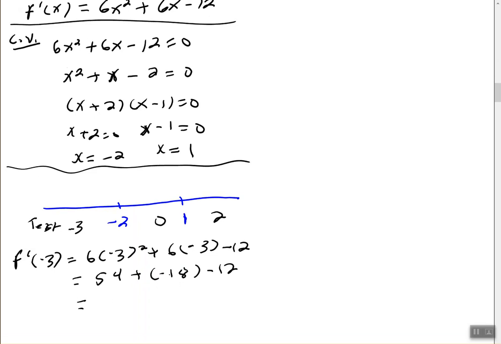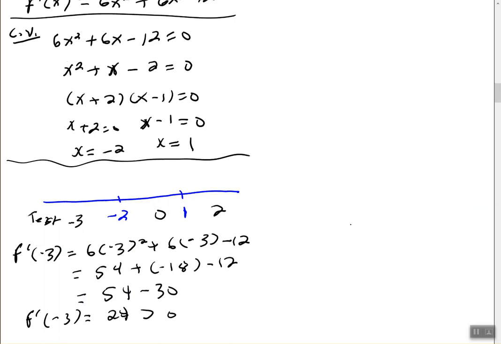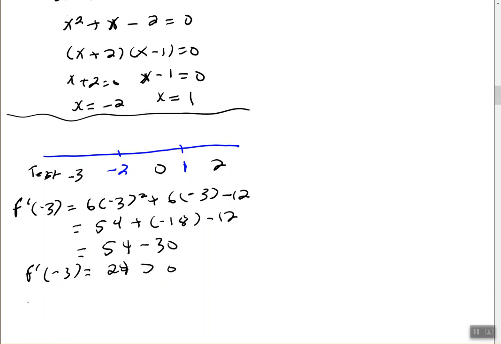So 54 minus 18 minus 12 gives us 24. So f prime of -3 equals 24, which is greater than 0. So that tells me on the interval from -infinity to -2, I'm increasing.